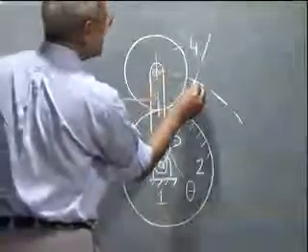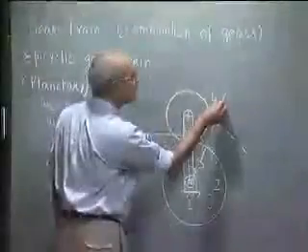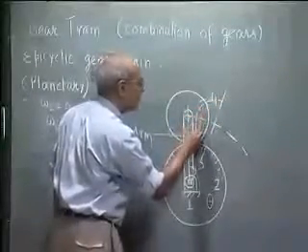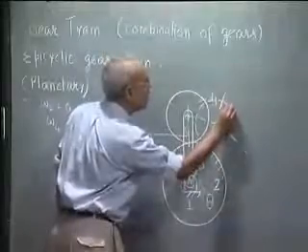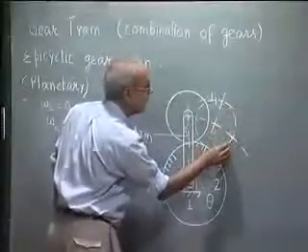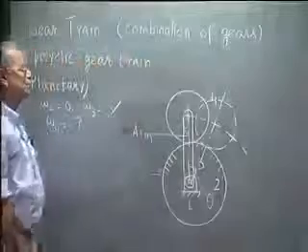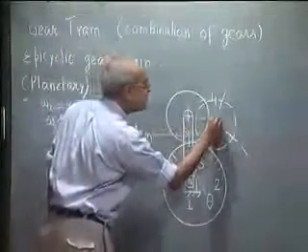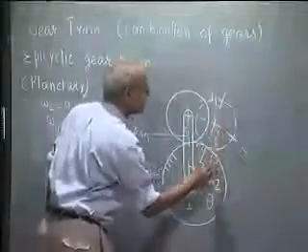The center of this gear has come here, and this gear has taken up this position. This is the vertical line.